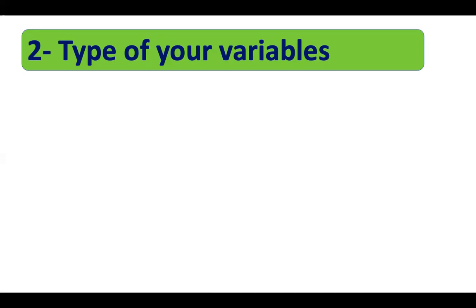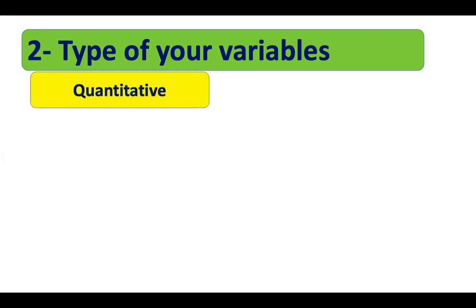You have to put if the variable is nominal, ordinal, or scale. You should put this, and you have to say the measure as I will say now. I will clarify this for you.